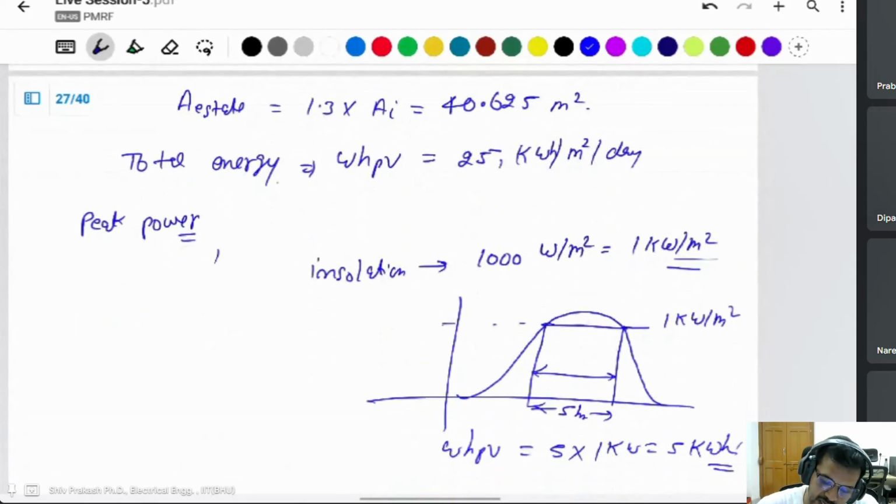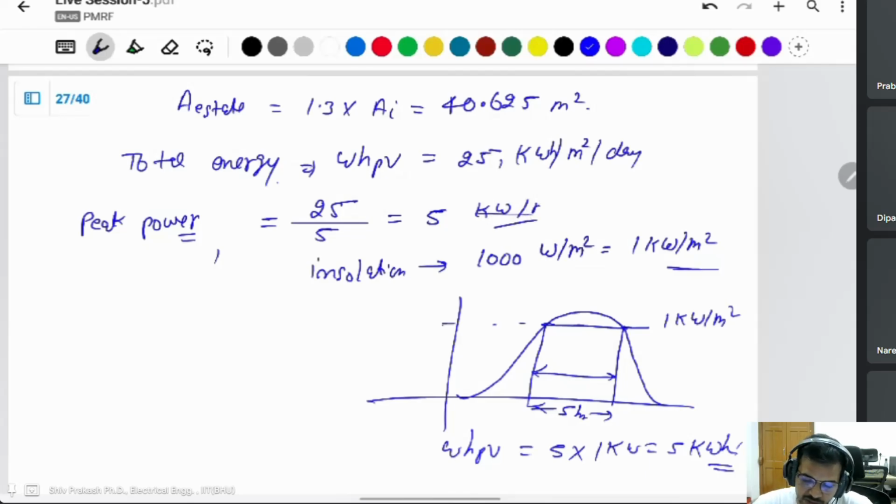Then simply divide the energy by the hour to calculate the power. The total watt hour energy of 25 divided by the total of 5 hours. Then this is 5 kilowatt, total power.